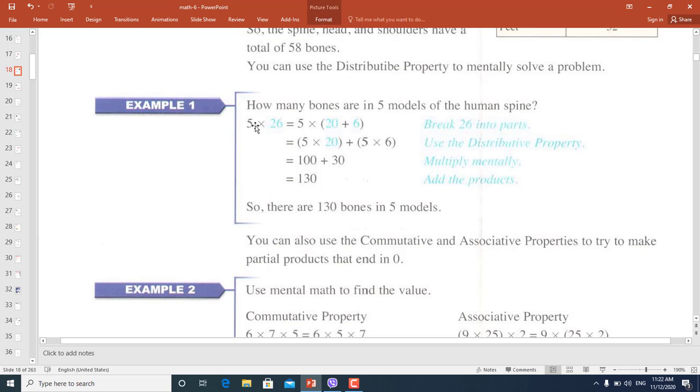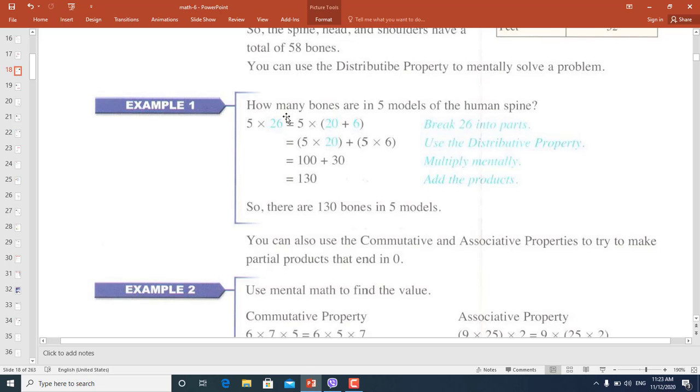Also, we have another property, the distributive property. Let's learn what distributive is. For example, we have 5 times 26. We know that 26 is made up from 1s and 10s, so we can make it in two parts, 20 plus 6. We write the 5 again. The first time we multiply 5 with 20, and the next time we multiply 5 with 6.